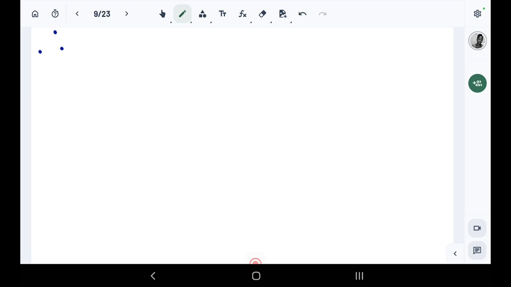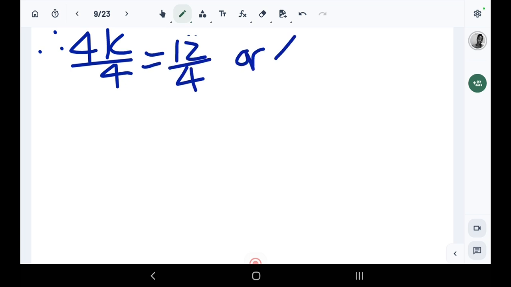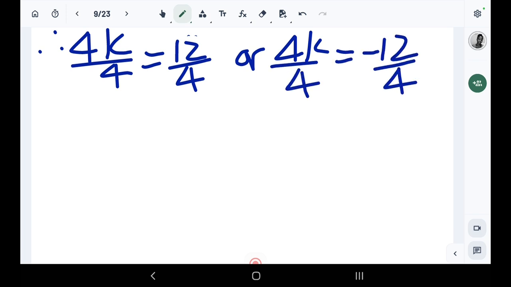Therefore, 4k divided by 4 equals 12 over 4, or 4k over 4 equals negative 12 over 4. Therefore, k here is equal to 3, or k equals negative 3.